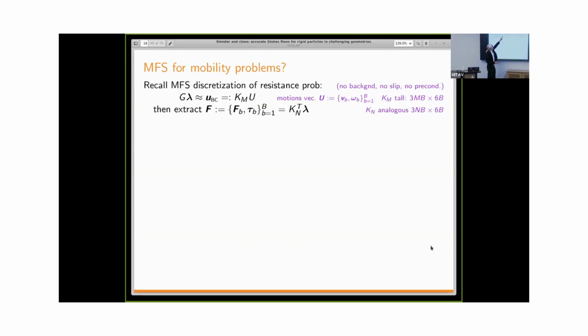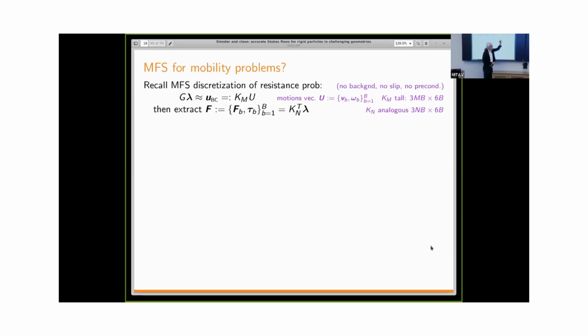The boundary condition was written as a rigid body motions acting on the 6B-tall vector of all of the rigid body motions. So you just write that as a matrix hitting that vector.